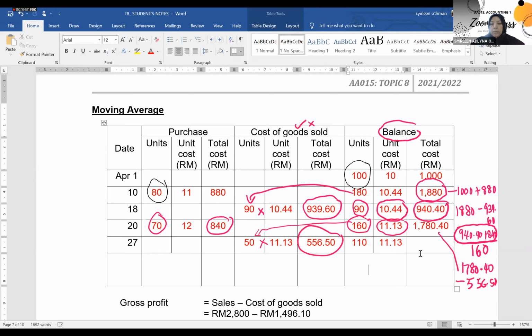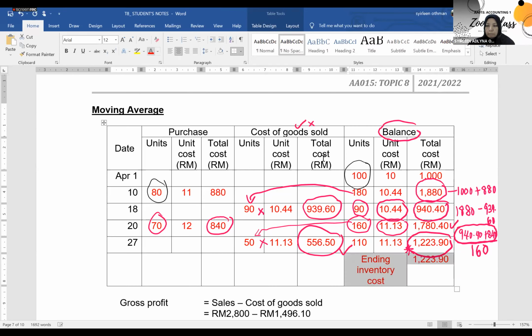Okay, so your latest balance will be RM1,223.90. So nilai ni madam dapat daripada 1780.40 tolak RM556.50. That's how I get this one, 1,223 ringgit and 90 cents. So that will be my ending inventory.